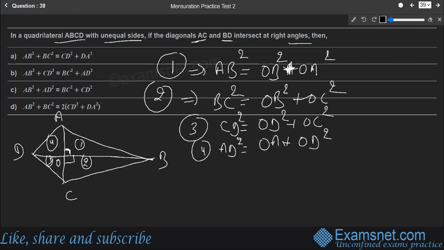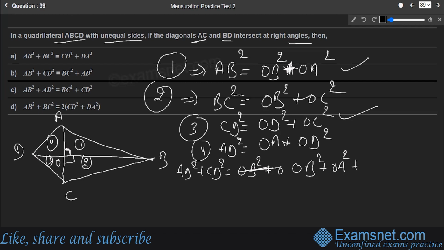These are the four particular connections that can be made there. Now we have to find the connection between AB, BC, CD, and DA. So clearly, if we add equations one and three together, we get AB square plus CD square is equal to OB square plus OA square plus OD square plus OC square.